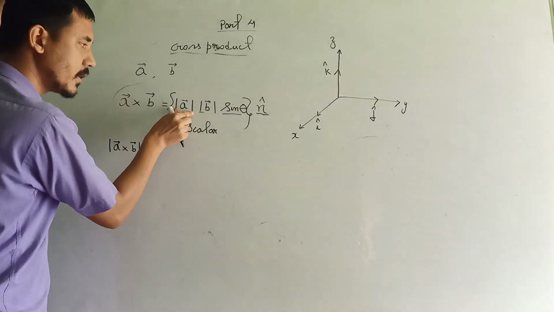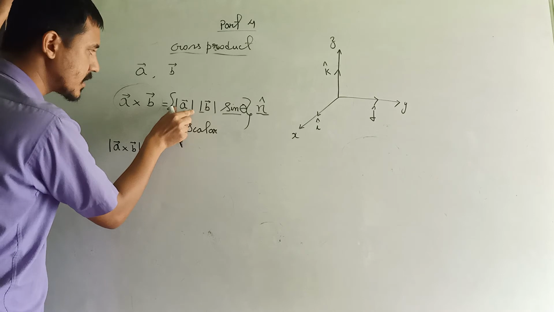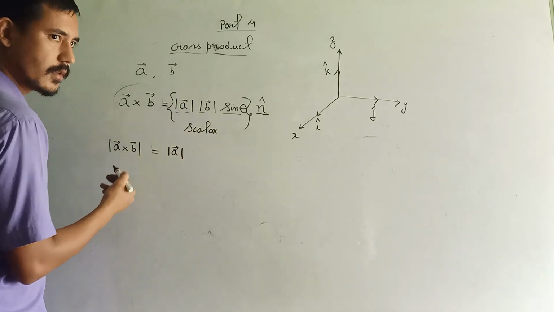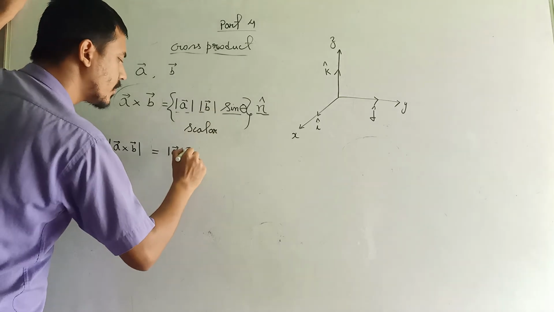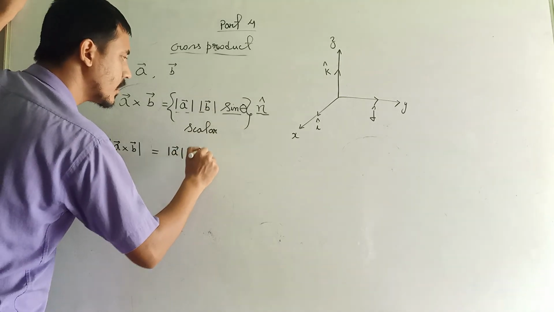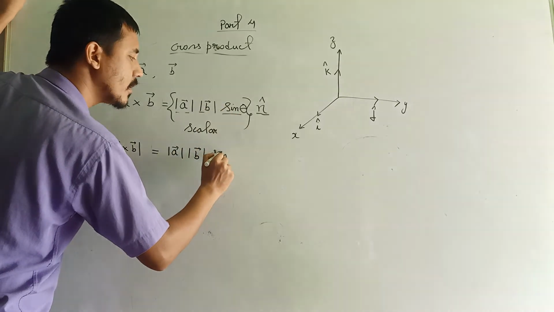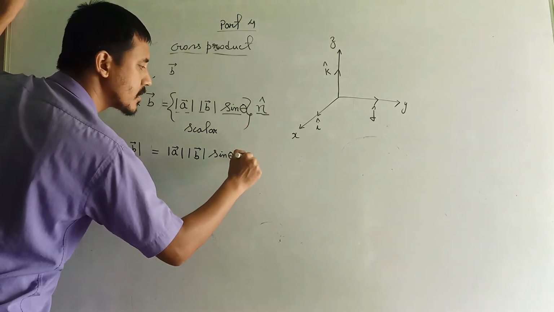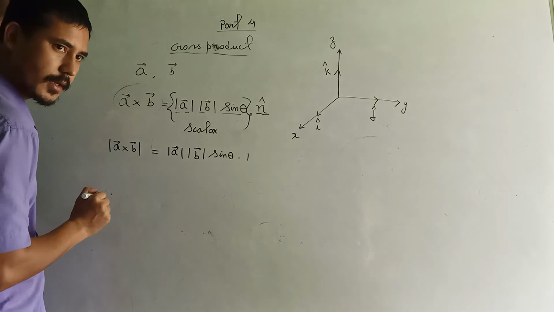A is already in magnitude. B is already in magnitude. Sin theta is already in magnitude. Right? Now the magnitude of a unit vector is 1. Is it okay?